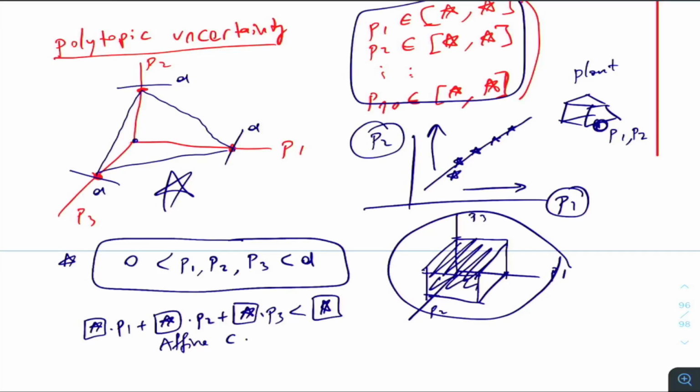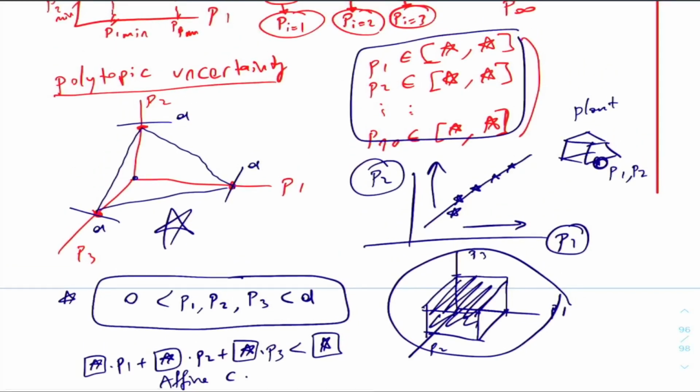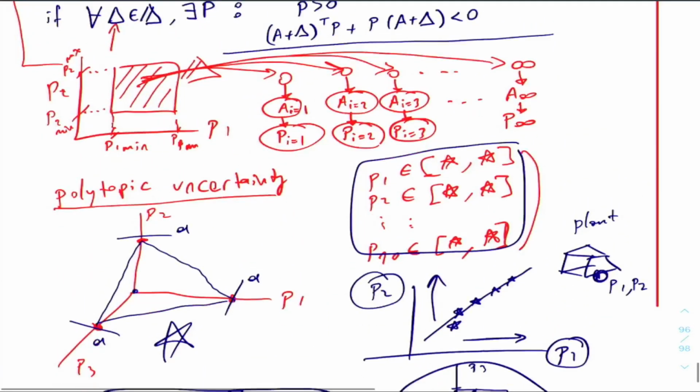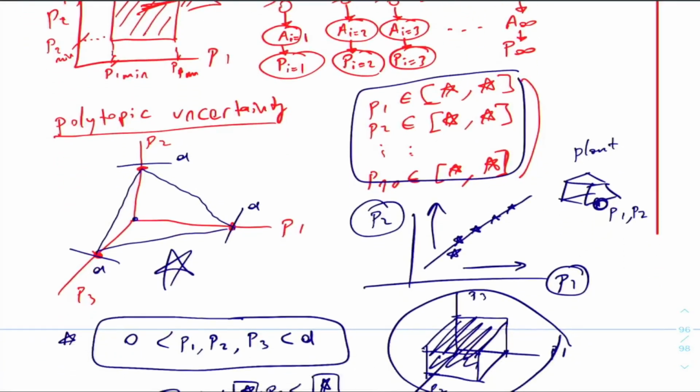It is not only box constraints where we have p1 greater than some value and sandwiched between two values, and the same goes for p2 and other parameters. But we have also some affine constraint. A hypercube is also a polytope. So polytopic uncertainty also includes the hypercube, but the hypercube is a specific case of polytopic uncertainty, right?